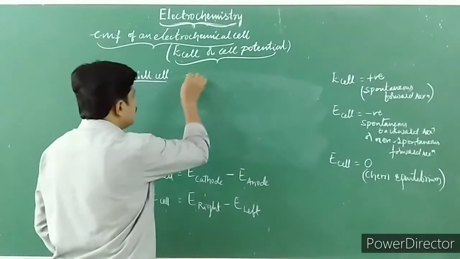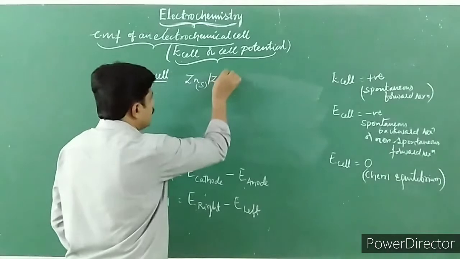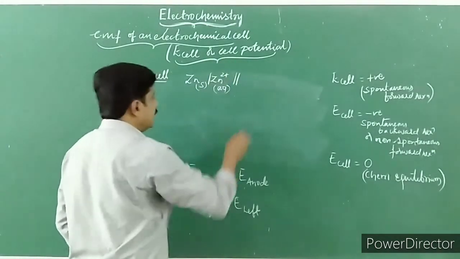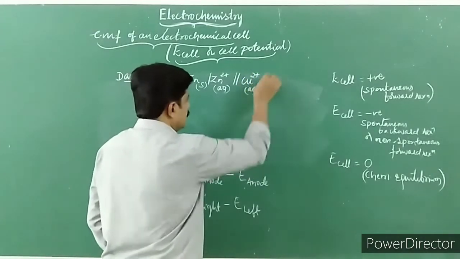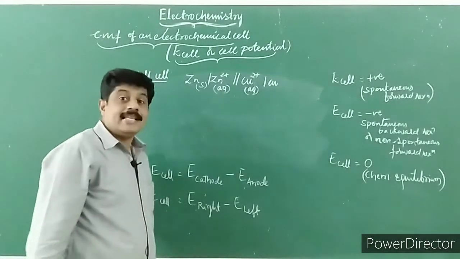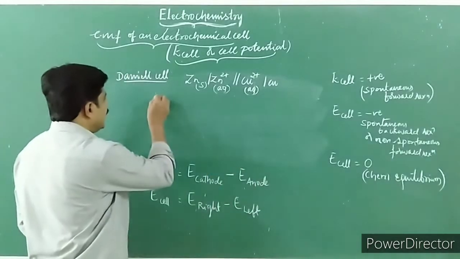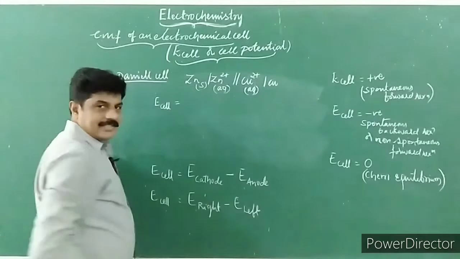Look here, how do you represent it? Zn, Zn2+ aqueous, then salt bridge double line, Cu2+ aqueous, Cu. This is the cell representation for the Daniell cell. Now you can find out E cell in three different ways, is it not?